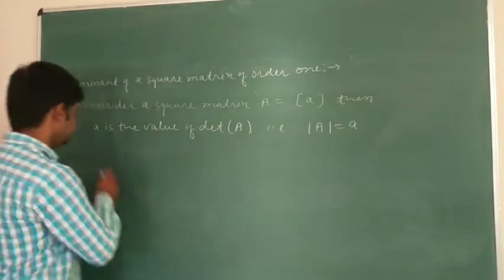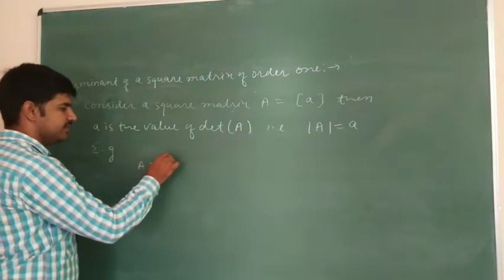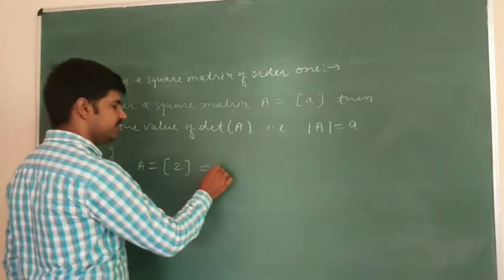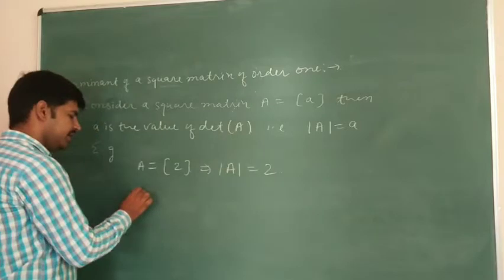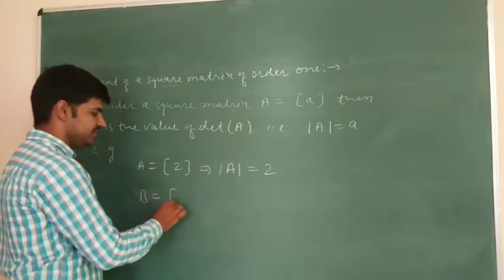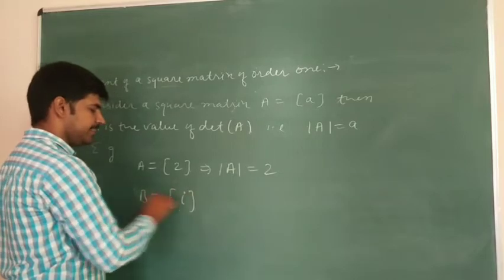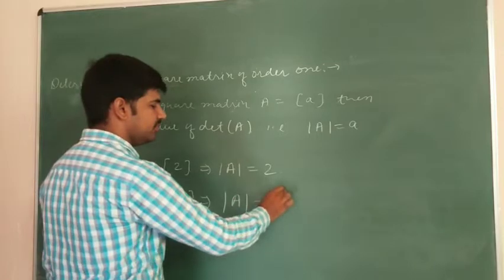Suppose, for example, there is a square matrix A of order 1 in which the element is 2, then the determinant of A is equal to that particular element, 2. Another matrix B is there, students, in which the element is iota. That implies that the determinant of B is equal to iota.